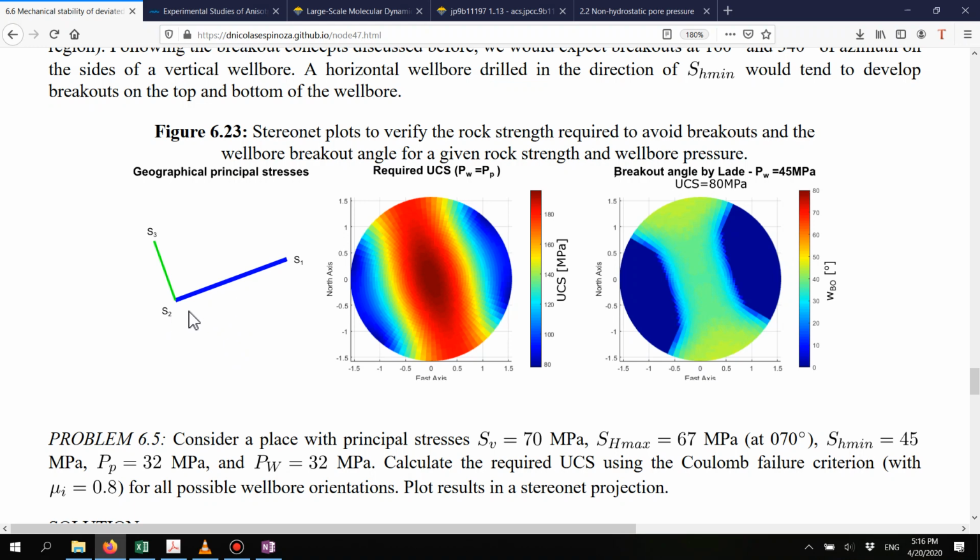For a strike slip state of stress, the maximum difference in stresses is going to occur between SH max and SH min. And therefore, the plane or cross-section of a wellbore with maximum stress anisotropy is going to be a plane that combines these two stresses, S1 and S3.